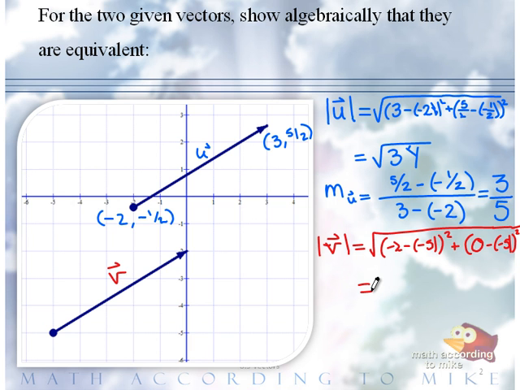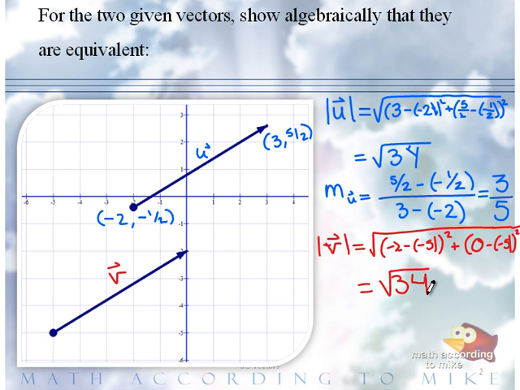Plus 0 minus -5? Squared. 9 plus 25 underneath the square root. Square root of 34. Good. I think I know what happened. There's a lag in the response from students, and I think it affected the pen as well.